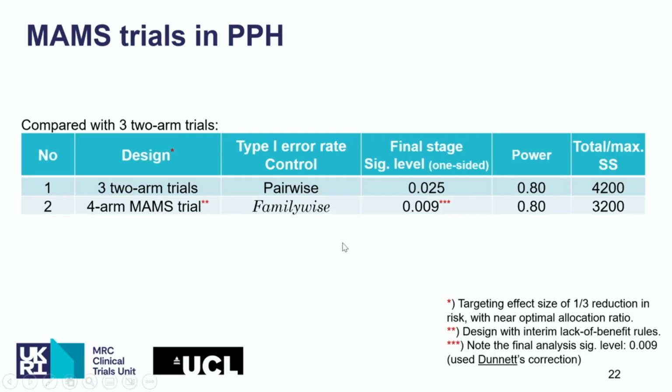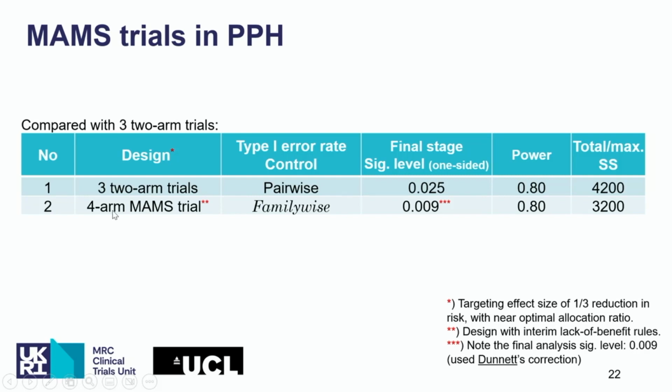If we run this trial as 3 2-arm trials and control the pairwise error rate, okay, we are not considering this as running at different times, and you are controlling pairwise error for each of these comparisons at 2.5%. To get a power of 80%, you need 4,200 across. That is the maximum sample size for your primary analysis across all of those 3 2-arm trials.